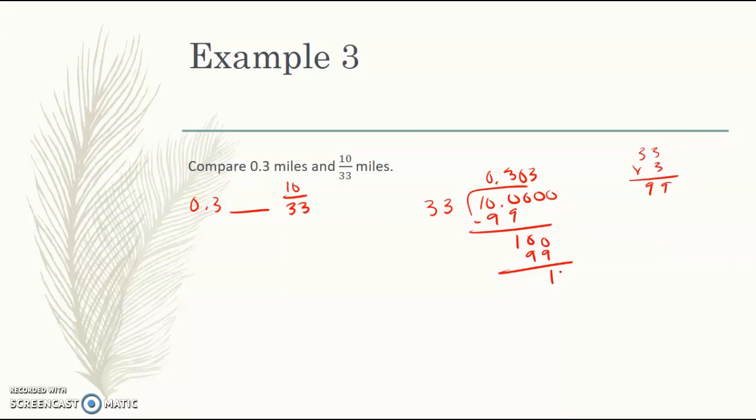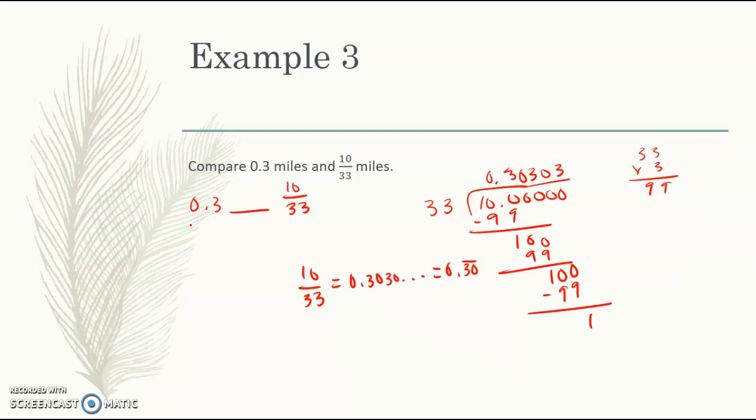Put in a 0, 0. It will not go, so it goes in 0 times. Add another 0. It goes in 3 times. Please tell me we've noticed the pattern, because I'm left with 1 again. And so 10/33 is equal to 0.3030..., which means it goes on, or 0.30 repeating.